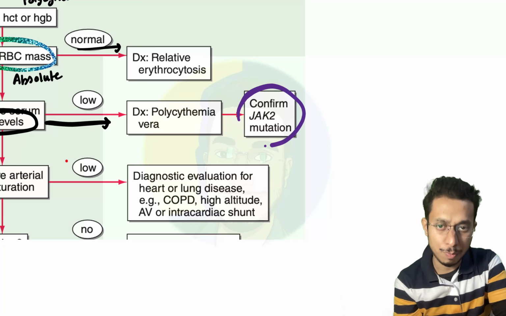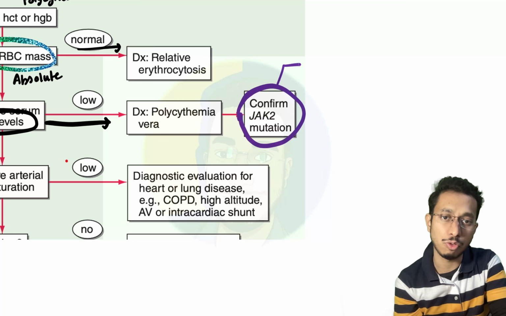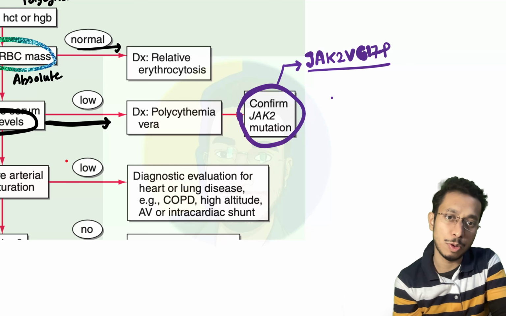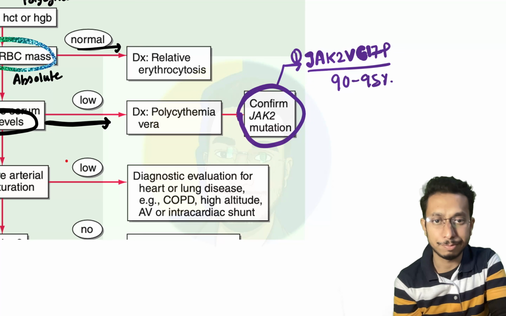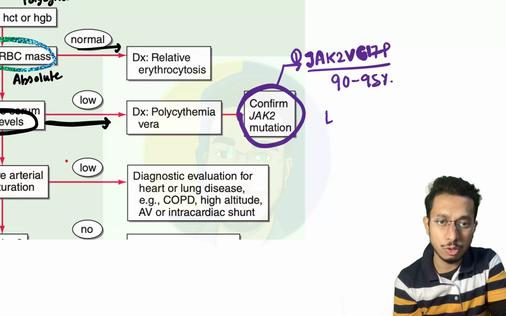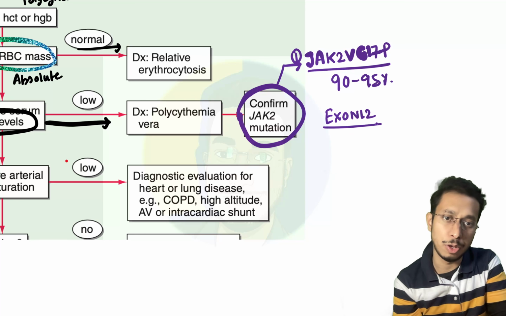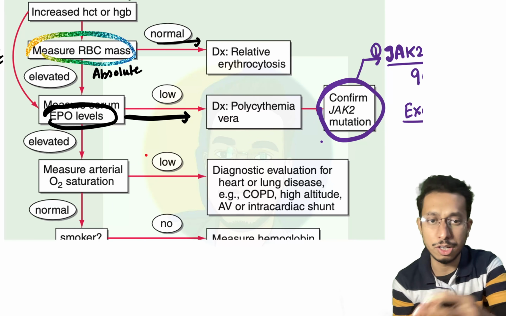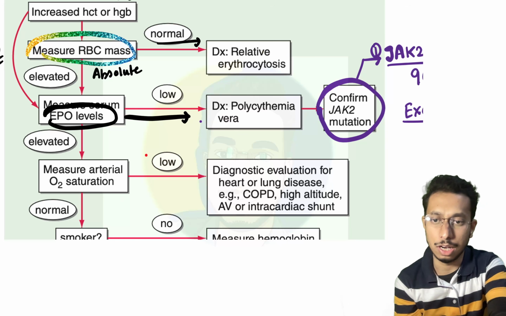JAK2 is the most common mutation in polycythemia vera, and JAK2 V617F is the most common one, associated with 90 to 95% of the population. Whereas if it is absent, exon 12 mutation is seen in the rest of the population. Okay, so erythropoietin low, and we need to confirm the JAK2 mutation.